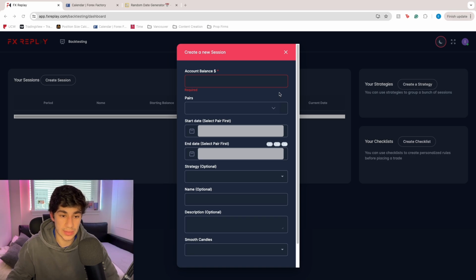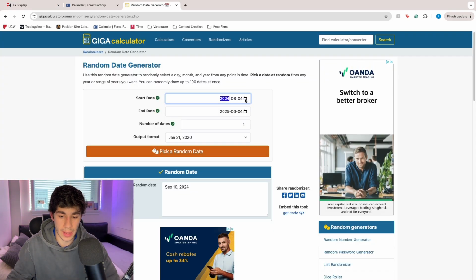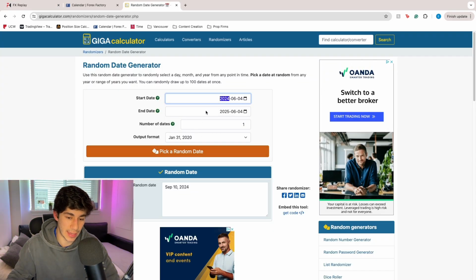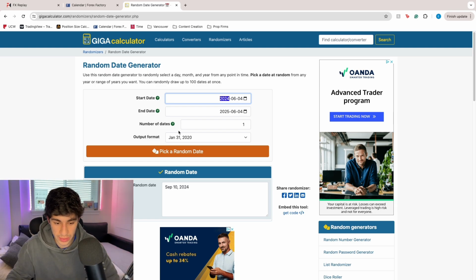Okay, so I'll go here and randomly select a date, right? I'm going to select a date that's not too far away, so a year that's not too far away. Let's select maximum, let's say 2020.